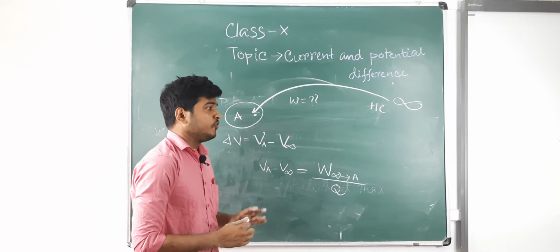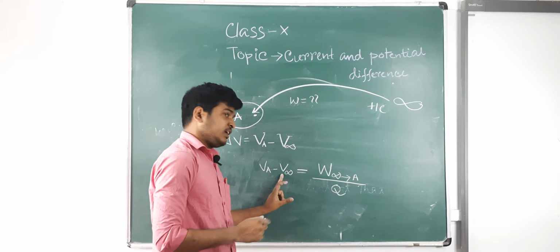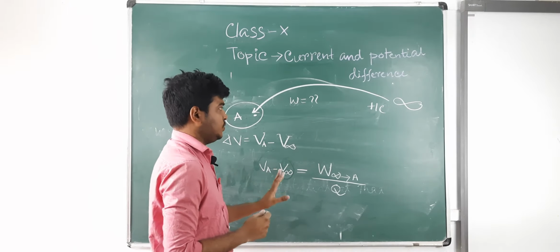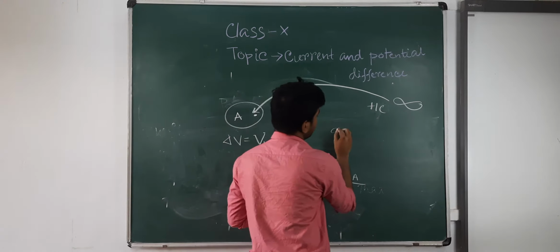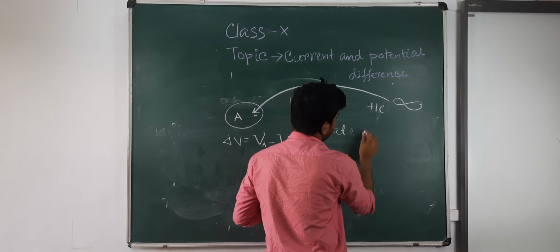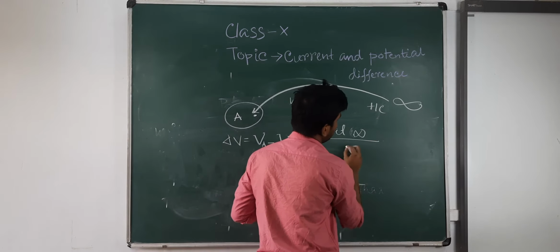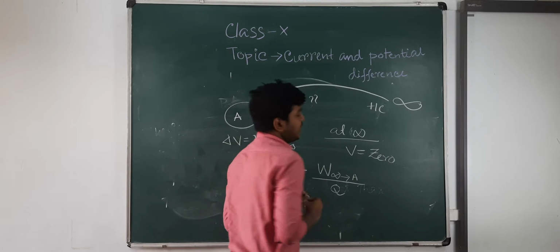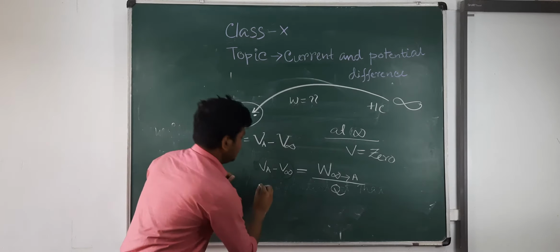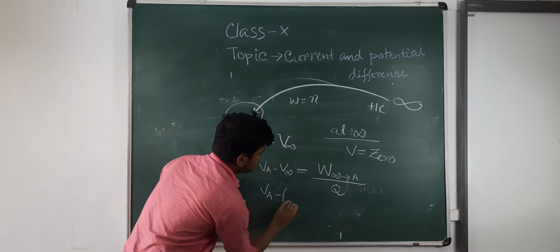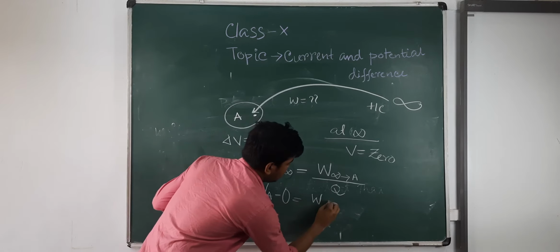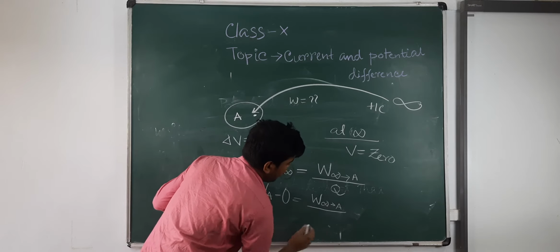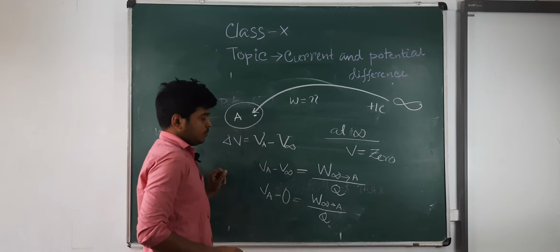But there is a convention that at infinity distance the potential is 0. So we may write the value 0. So VA minus 0 equals the work done from infinity to A per unit charge.